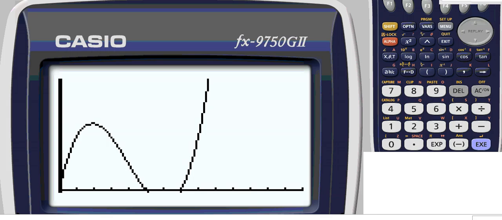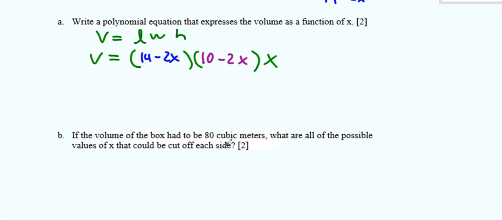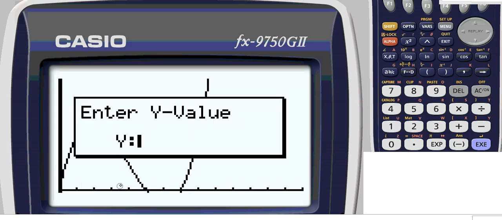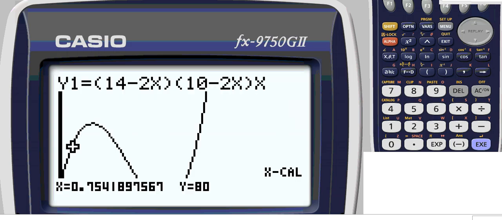We want to know when it has a volume of 80. So we want to know when our graph equals 80. So we're going to go gsolve. We know the Y value we want, so we're going to set it to do our X calc, because we know the Y value has to be 80. And we're going to get 3 answers for that.